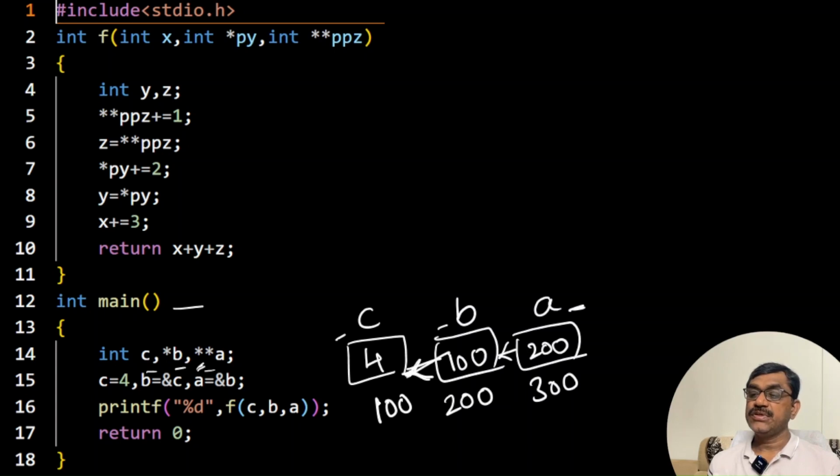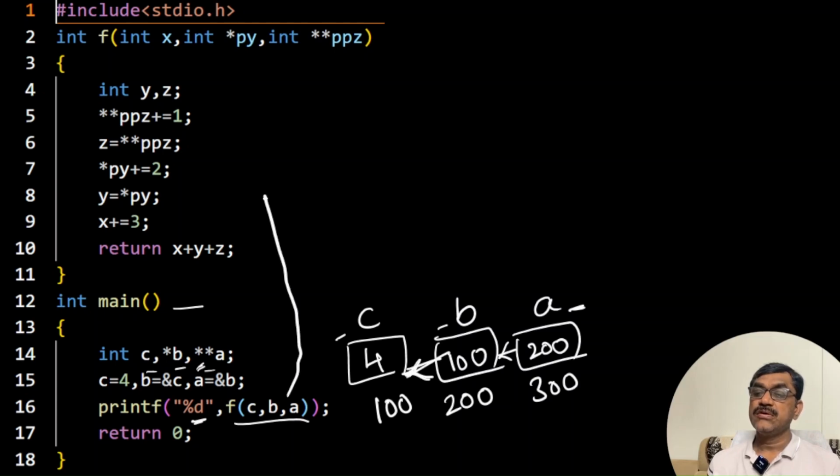Now after this, in the printf statement, we are going to print the value %d, which is nothing but the returned value of the function f of c comma b comma a. First we are calling the function f of c, b, a. Before printing the value, we call the function f of c, b, a.